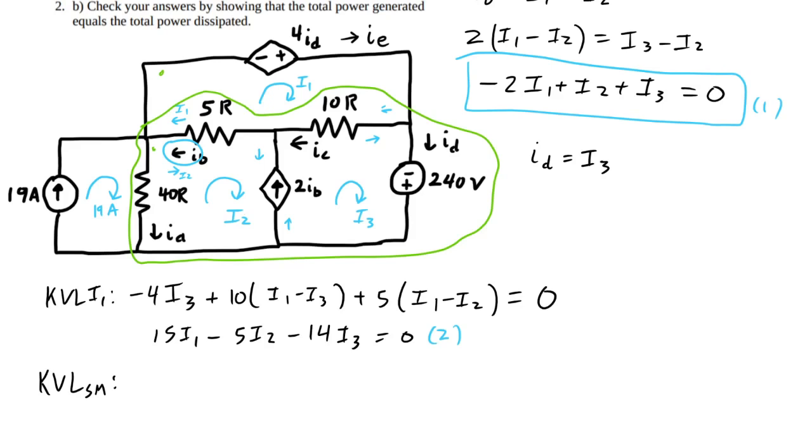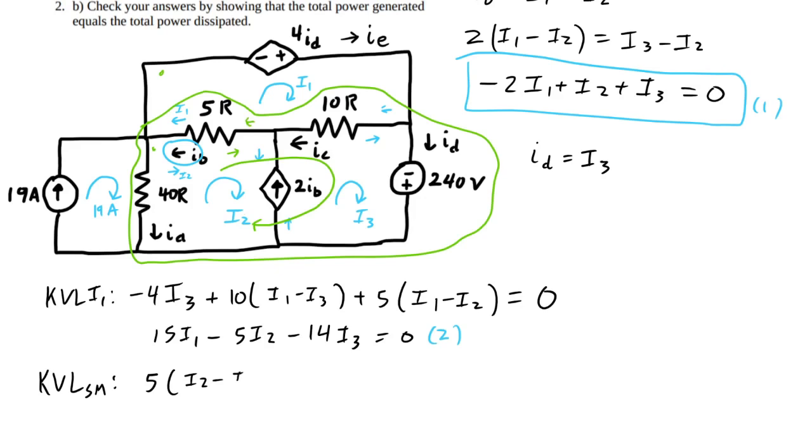Okay, so we have 5 and I2 is going in the direction of our super mesh. Let me draw the super mesh current to be less ambiguous. Okay. So our super mesh current, we have I2 going that way, and I1 going that way.